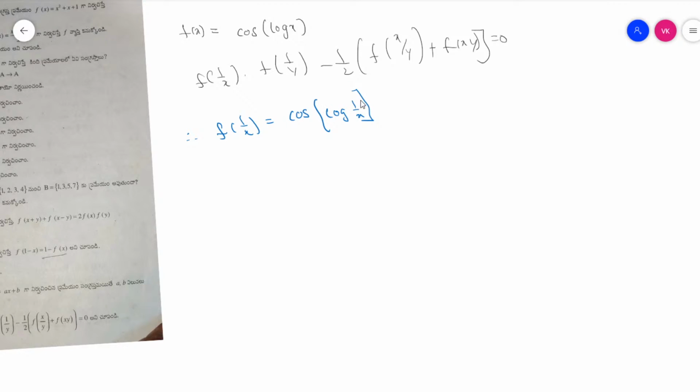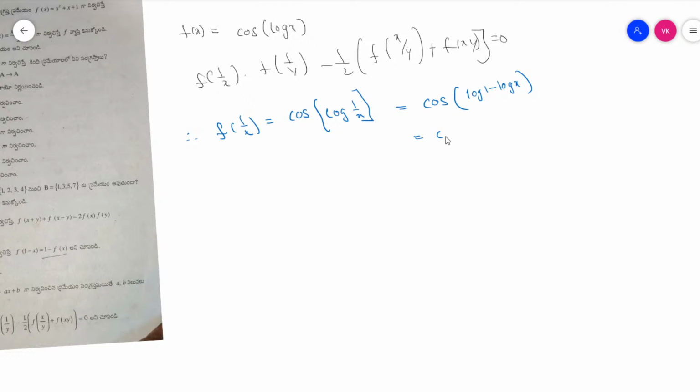We know that log a by b can be written directly as log a minus log b. So log 1 by x is log 1 minus log x.